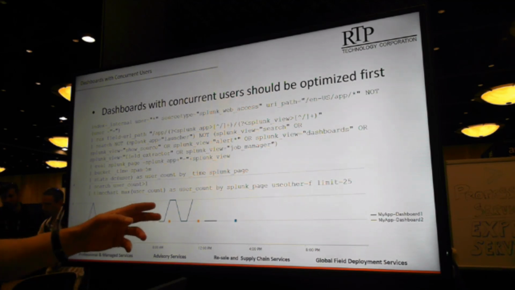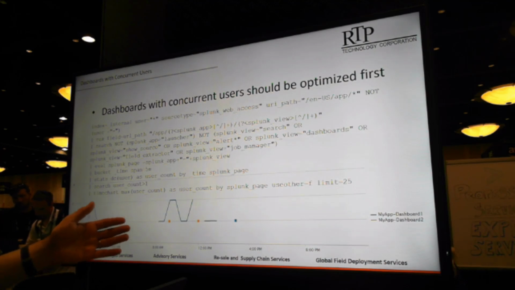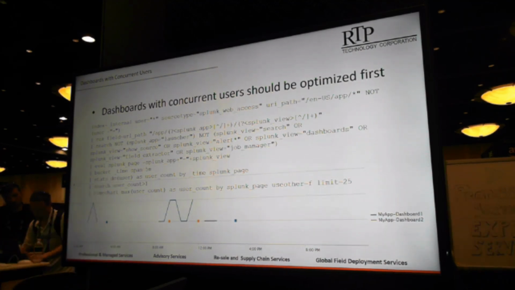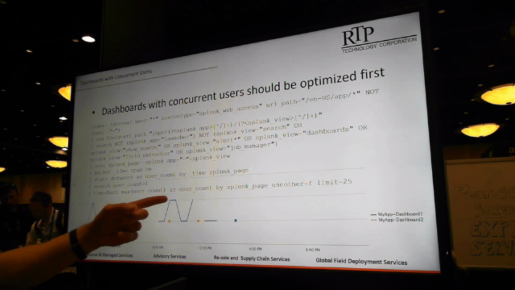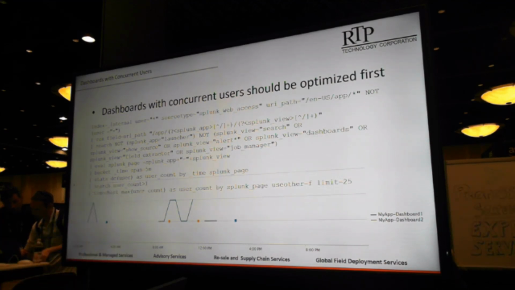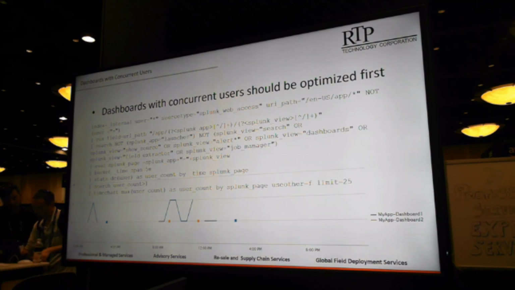And the disjointed graph shows that most of the time the dashboards aren't being used at all, or maybe only used once, so they don't appear on this graph because we said we only want to see counts greater than 1. But here we can see that dashboard 1 is occasionally used by 3 users, which means those are running at least 3 searches at the same time. Maybe we want to look at optimizing that dashboard to use saved searches or post-processing to reduce the number of searches that are going at the same time.